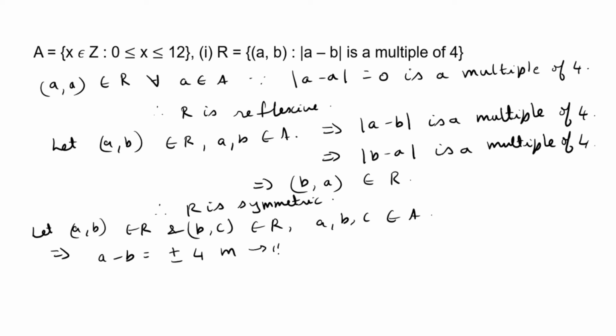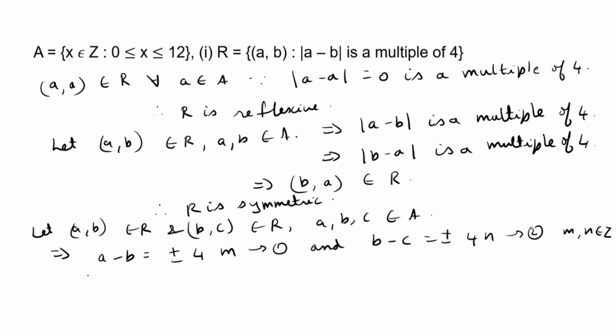Let us mark this as equation 1. And if (b, c) belongs to R, it means b − c = ±4n. Let us mark this as equation 2, where m, n are integers.